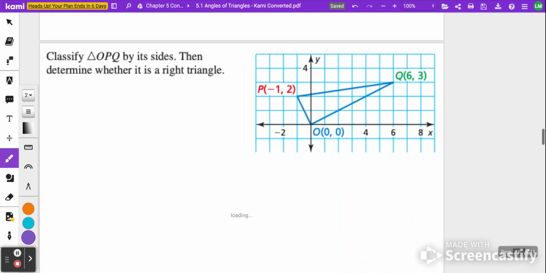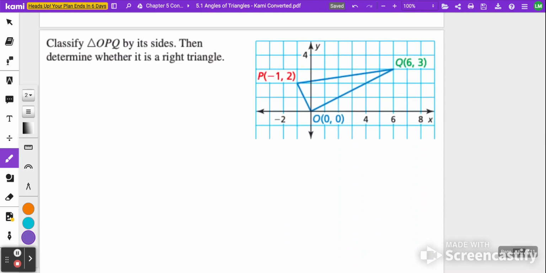So what we're going to do here is classify this triangle by its sides and determine whether it's a right triangle. Now, the tricky thing about this is we do not know the length of the sides, so we're going to have to use something called the distance formula. So what we would want to do is maybe start with the segment OP.